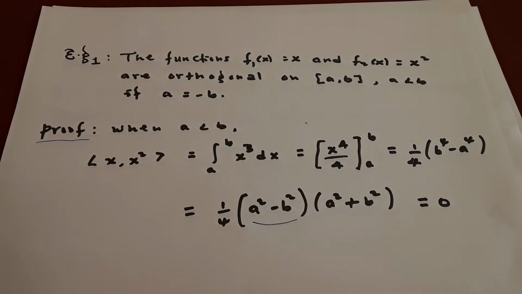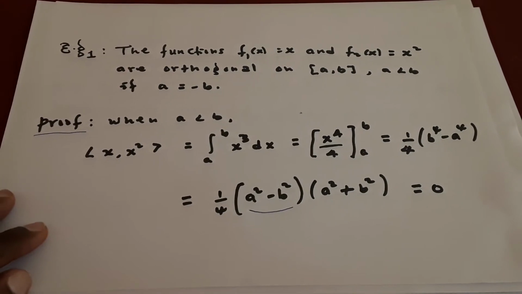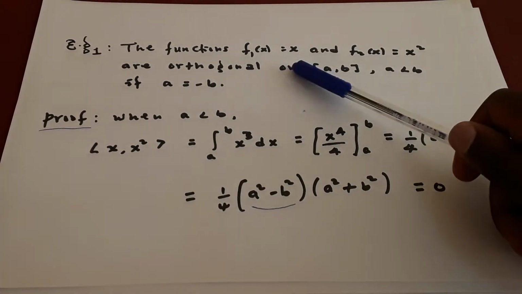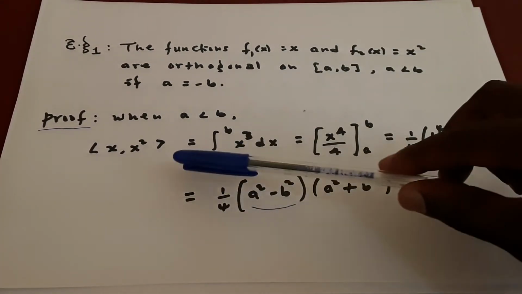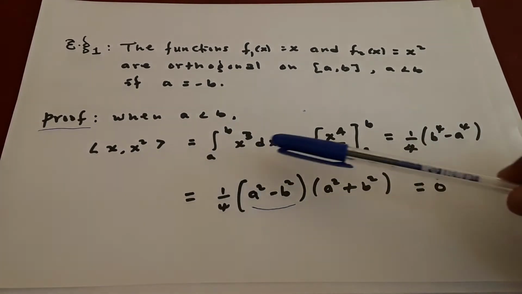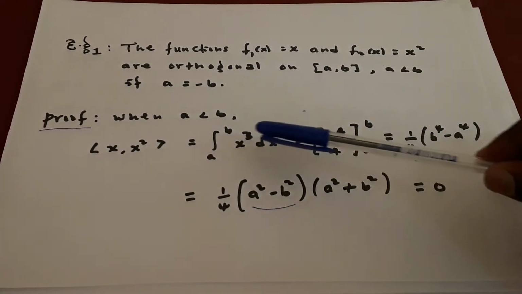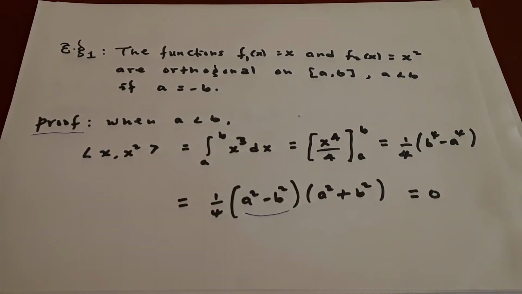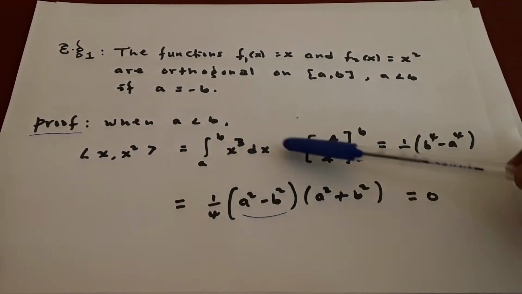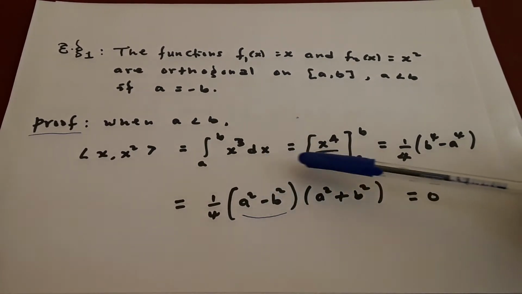So we need to prove this with the help of the definition of orthogonality. That is, when a is less than b, the orthogonality of x and x squared we define via the inner product from a to b of x times x squared, which is x cubed dx. Then looking for the integration using the power rule, that's exceedingly elementary to apply here.